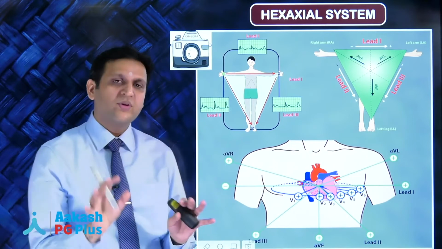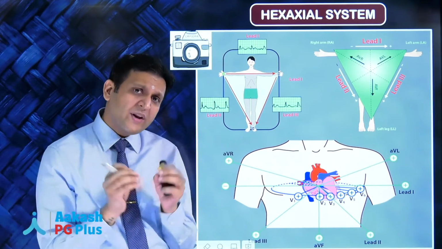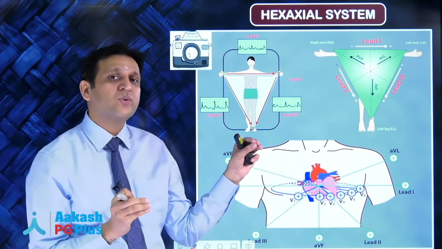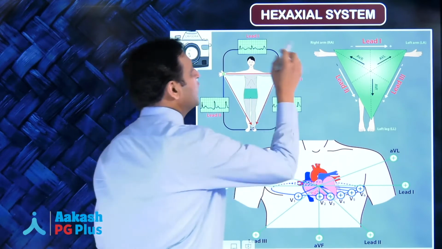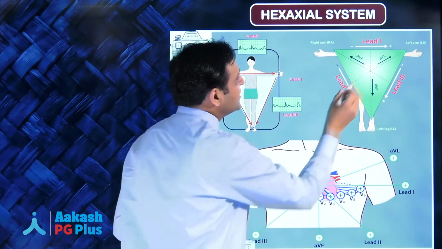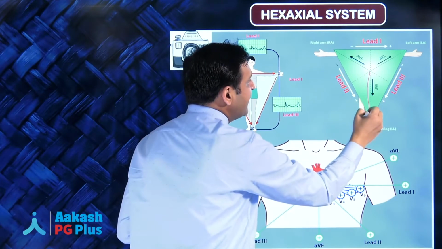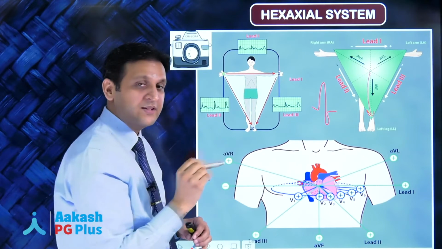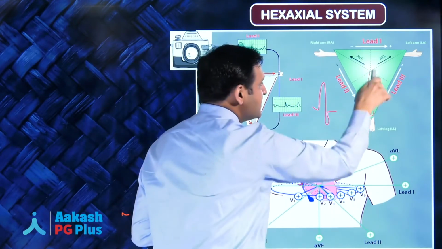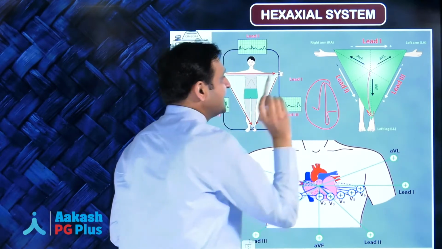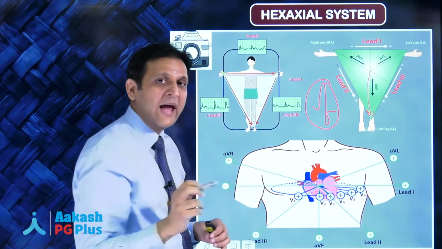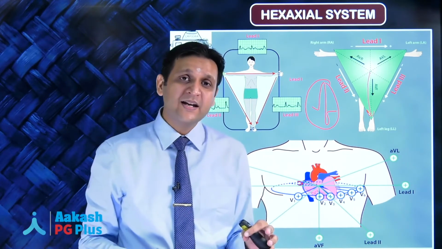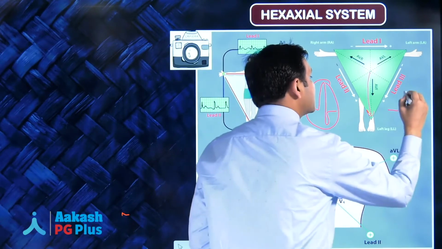Now, one basic concept that I want to tell you is whenever the wave of depolarization is moving towards one of these leads, it will produce a positive deflection. So if you have a depolarization moving towards lead AVF, AVF will have a positive deflection, right. So just remember this point: moving towards the lead, positive deflection. Secondly, if you have an electrical activity moving perpendicular to that lead, it will produce a biphasic deflection.